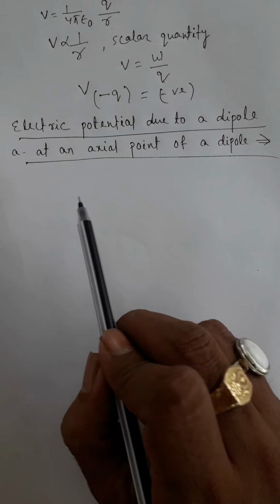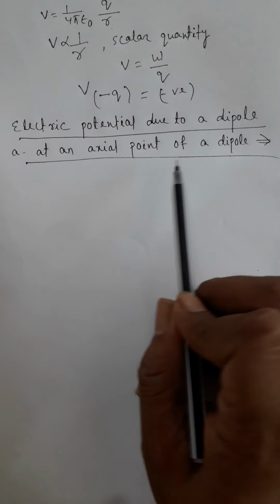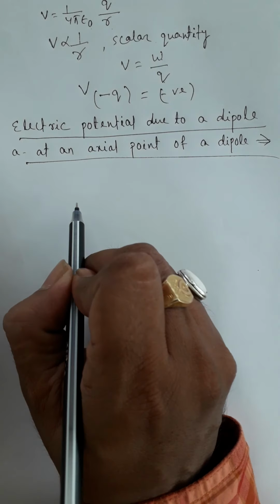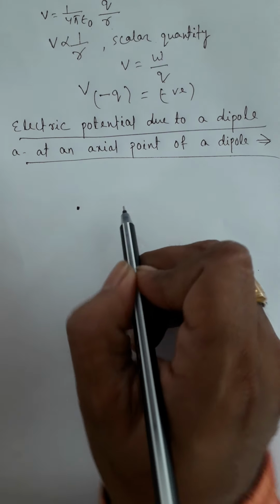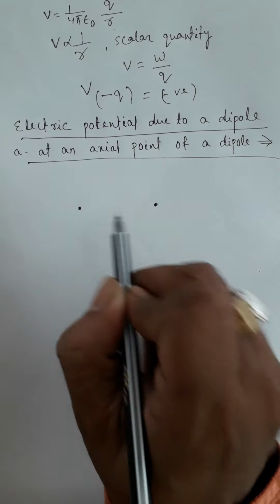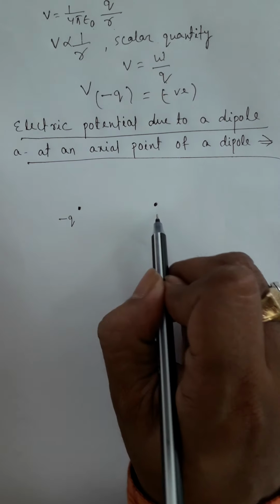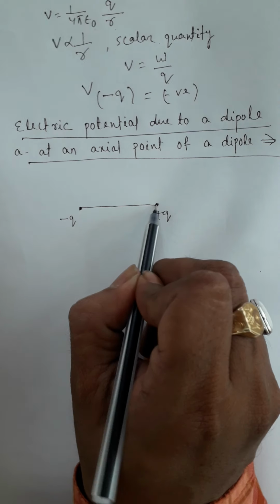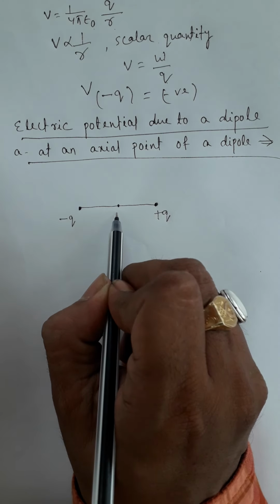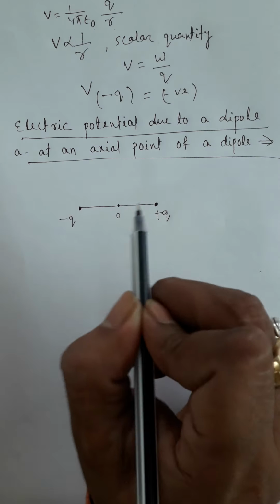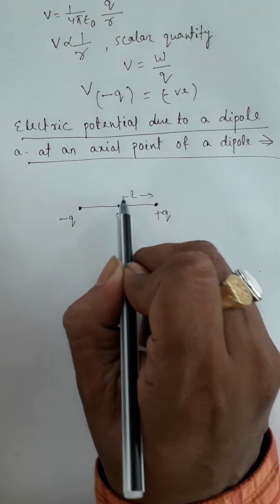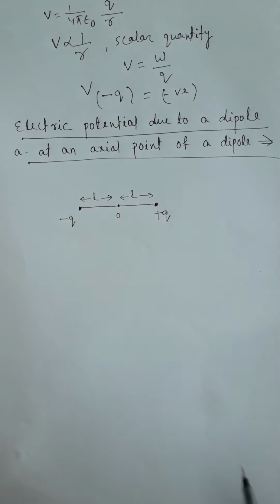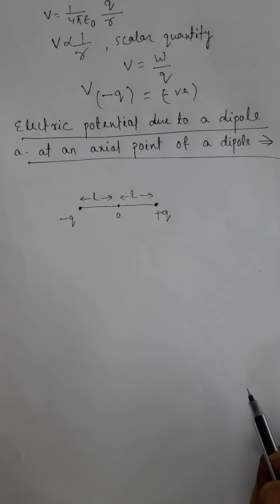So we have to calculate electric potential at an axial point of a dipole. Consider an electric dipole consisting of 2 point charges, minus q and plus q, separated by a distance 2L. If this is the center of the dipole, O, then this distance is L, this distance is L. The total distance between the charges is 2L.